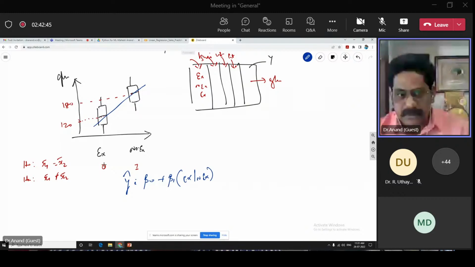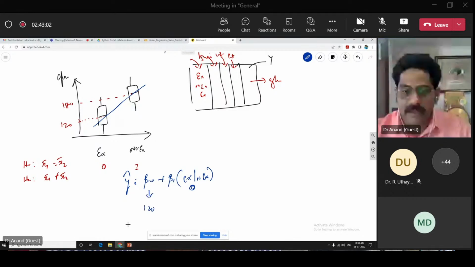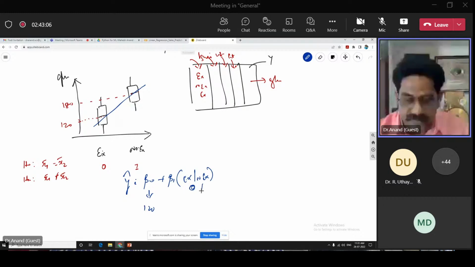Whenever I substitute 0, it is exercise. So when my input is 0, my model would predict this category's glucose. That means my beta naught I can take as 120. Whenever I move from this category to this category, when I substitute 1, I'm saying it is the no exercise category.